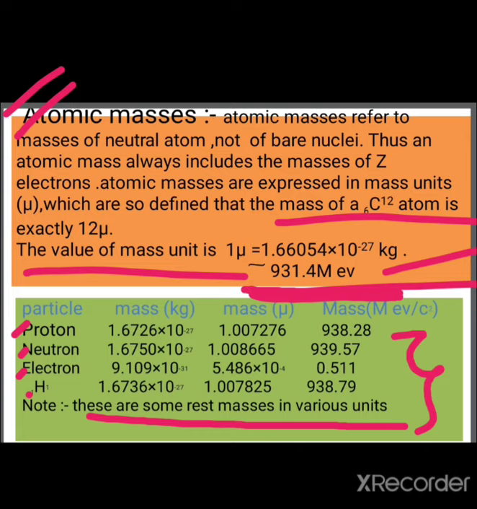In mu, the mass of proton will be 1.007276, and in mega electron volt per c square, that is 938.28. By this table you can remember all the values of various particles in various units.